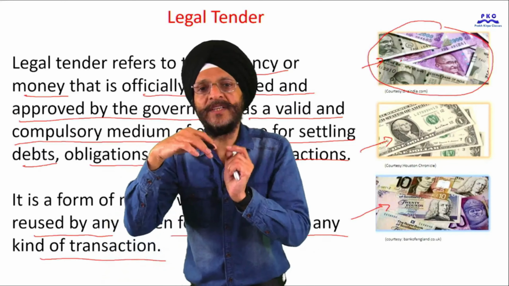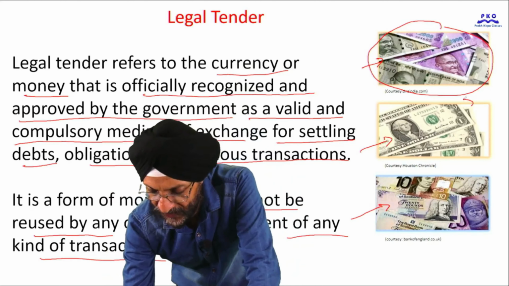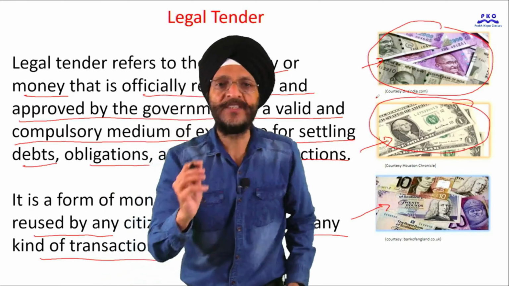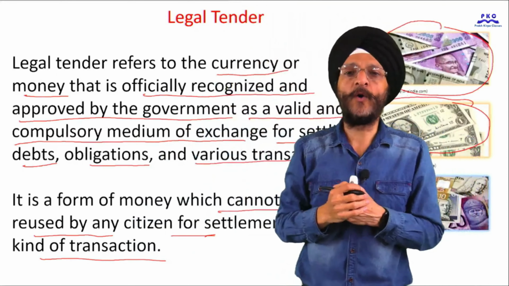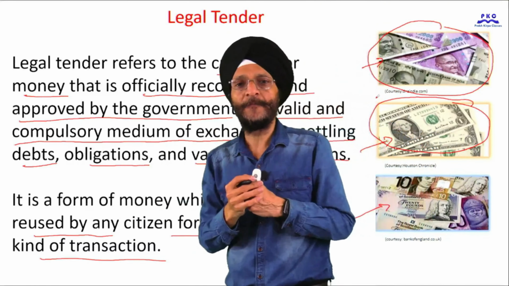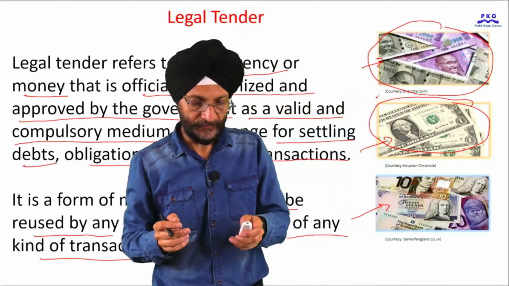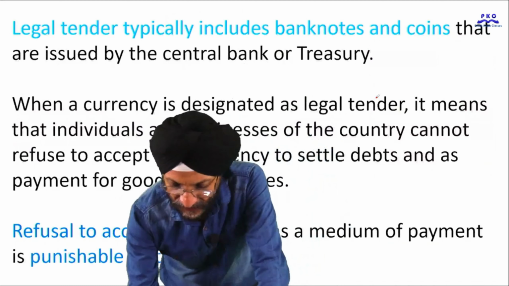If you are in USA, you will have to make the payment in dollars or the coins which have been approved or issued by the Central Bank of USA, that is the Federal Reserve, or the government treasury.